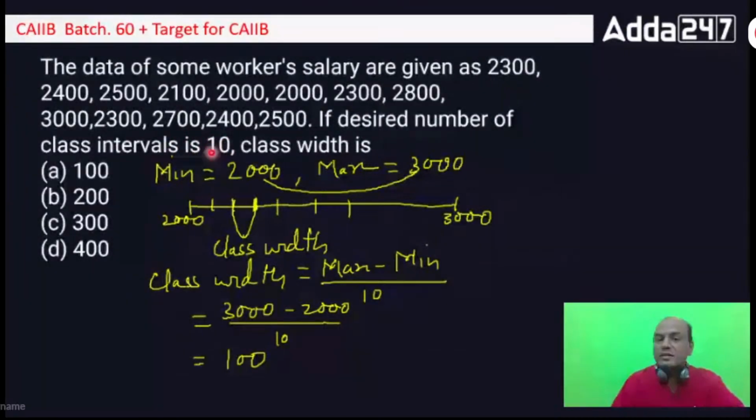If I required 20 class intervals, what would the width have been? It would be 50, correct? Got it? So it depends. Whatever you want, you just divide by it.